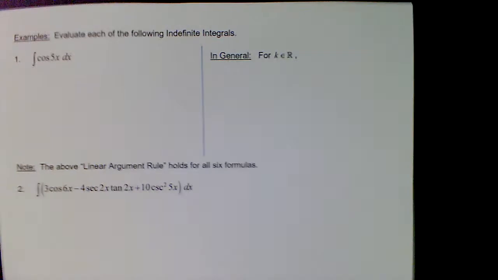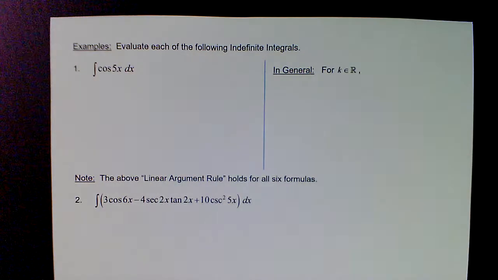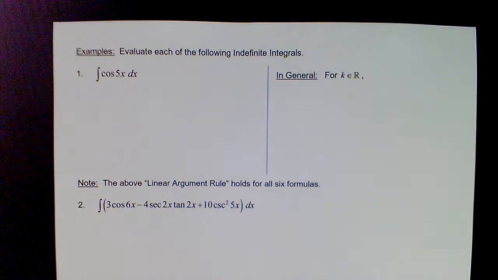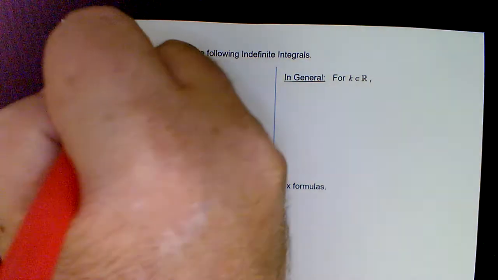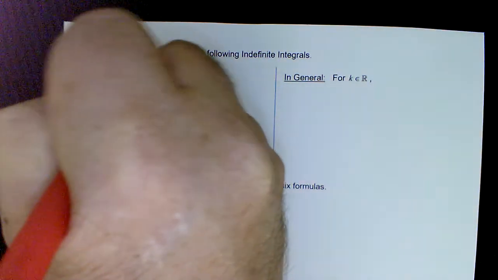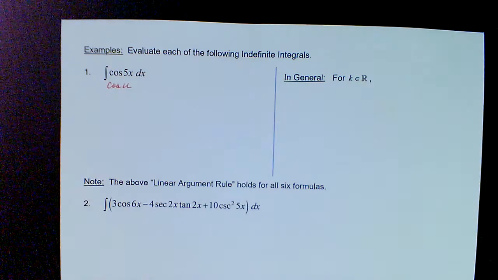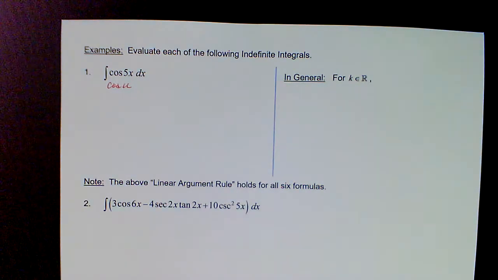So when we're faced with examples, first thing we look for is one of the basic 6. And in number 1 here, we see we do have a situation that involves the cosine of a function of x, so call it the cosine of u, and we have a basic formula for that.